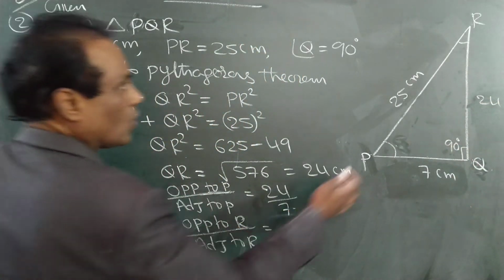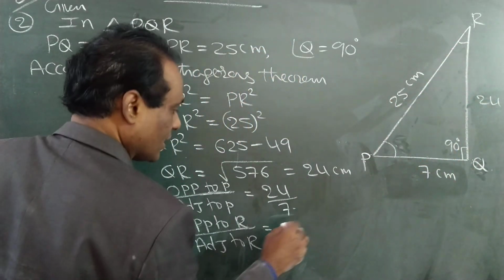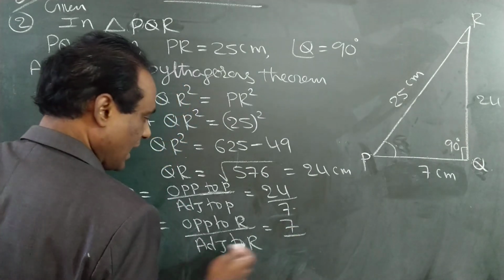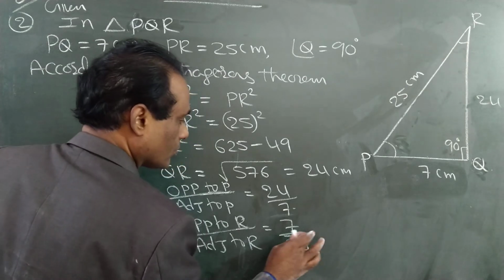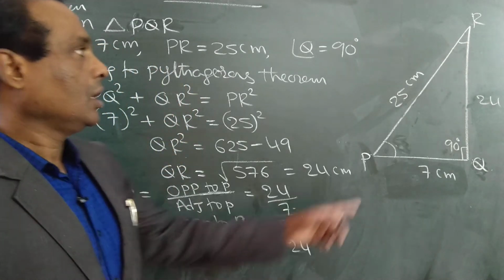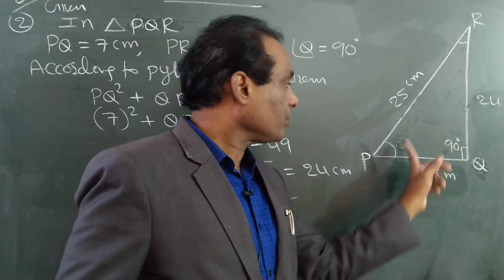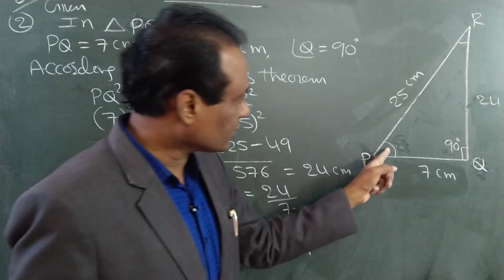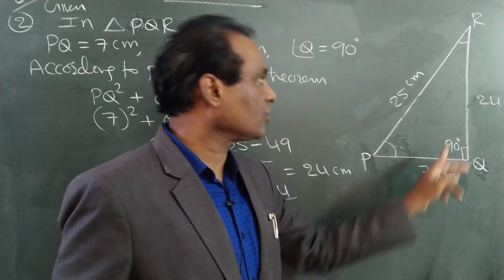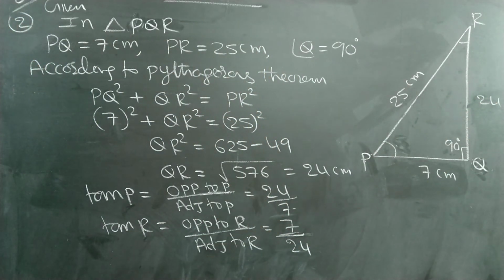So what is opposite to R? 7. Adjacent is 24. Tan is opposite by adjacent, so 7 by 24. But if you are taking this angle, opposite by adjacent is 24 by 7. So now we got both the values.